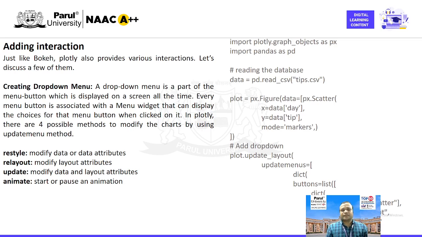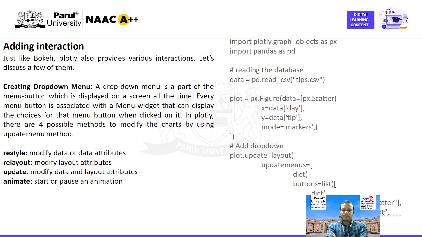So firstly, there is the example to create the drop-down menu. Import plotly.graph_objects as go, then import pandas as pd, then read the database, data is equals to pd.read_csv, then give the path of the data.